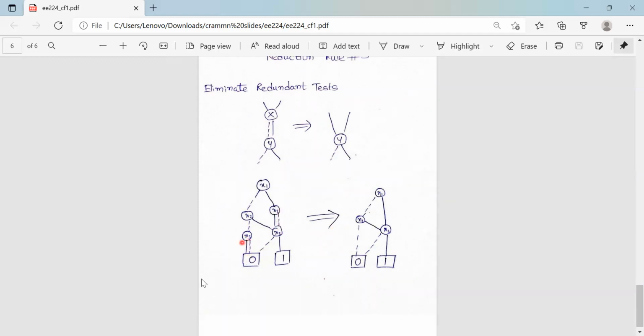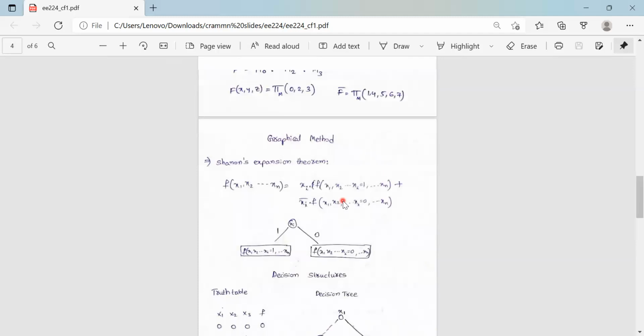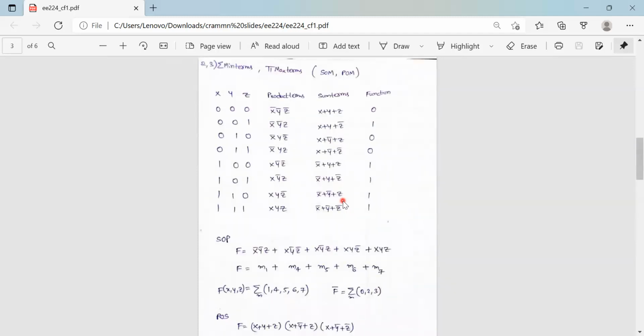We can remove these and directly connect to here. So this BDD is fully reduced. We can reduce any expression to a BDD, and for a given expression there is only one BDD. We will discuss the next canonical form in the next class.